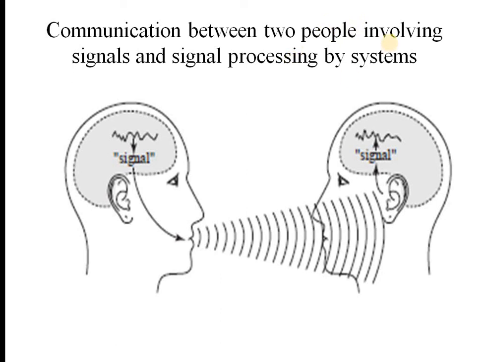I have just used the terminology of signals here, as well as we have considered some systems, the brains of the speaker and the listener, and how they try to understand the words uttered by the speaker. This is the concept of the entire subject of signals and systems.